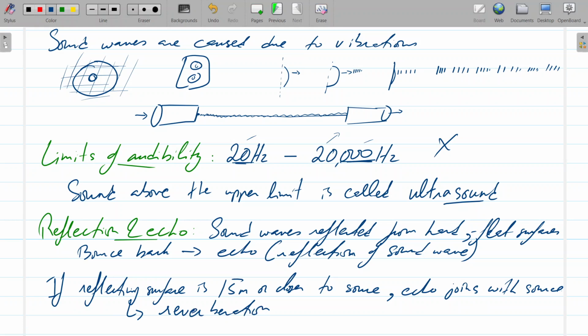So the sound sort of mixes together and you can sort of feel this vibration happening.